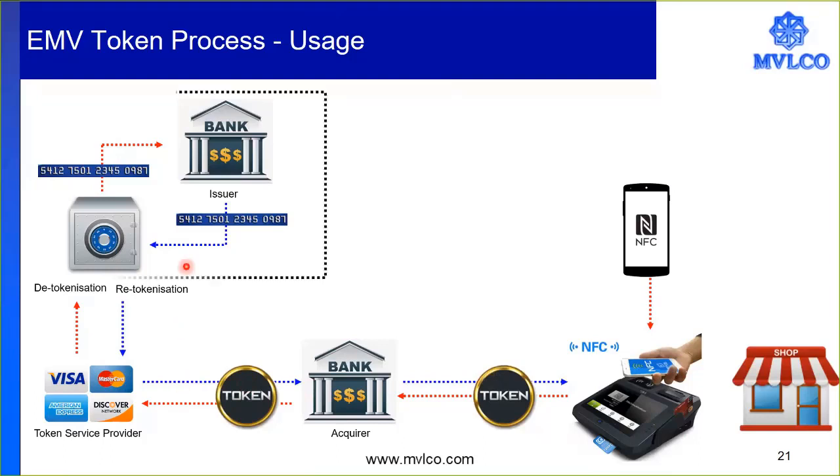In essence, my primary account number traveled only in this box. So the risk of data theft was restricted to this box, because in this entire path, what traveled was a token and not the primary account number. That is how my EMV token usage process would take place.